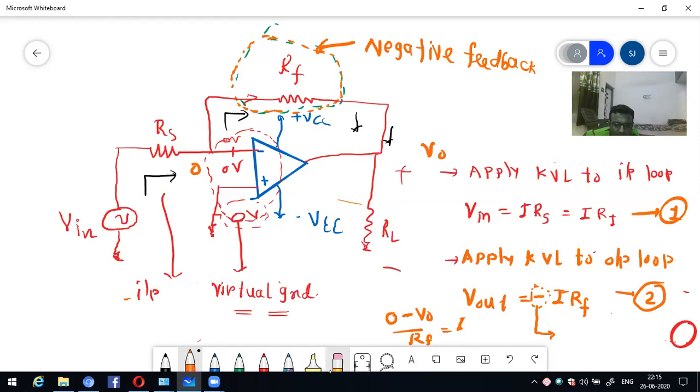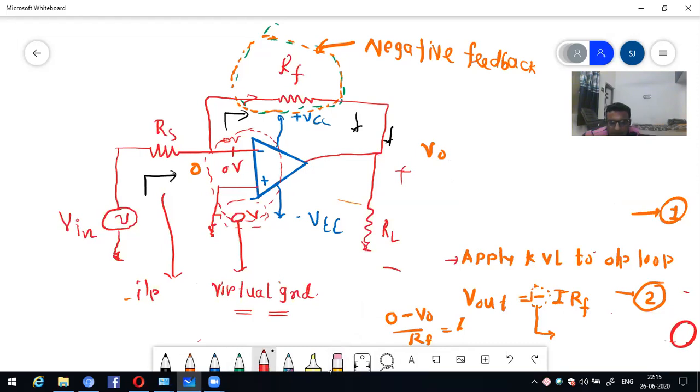Now if you erase this portion, and take the ratio of equation 2 with respect to equation 1, so Vout divided by Vin equal to minus I into Rf divided by I into R1.